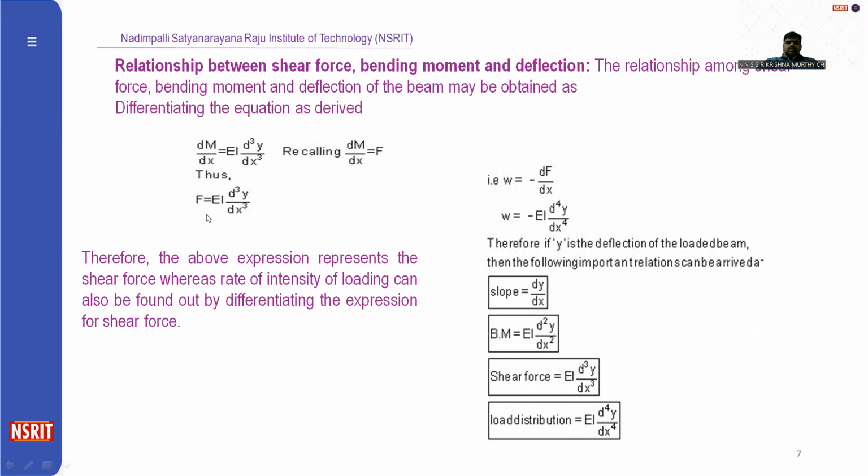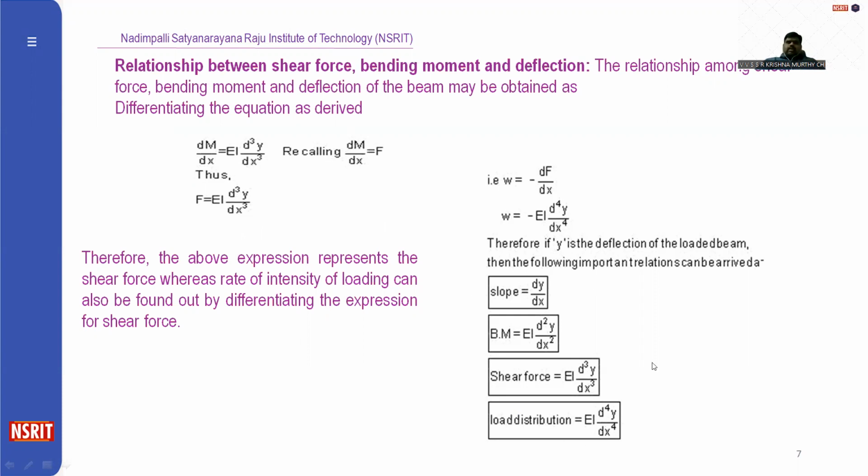Thus F is equal to EI d cube y by dx cube. We know that the load is the force per unit length, so W is equal to minus dF by dx. Substituting, W is equal to minus EI d power 4 y by dx power 4, where y is the deflection of the loaded beam.